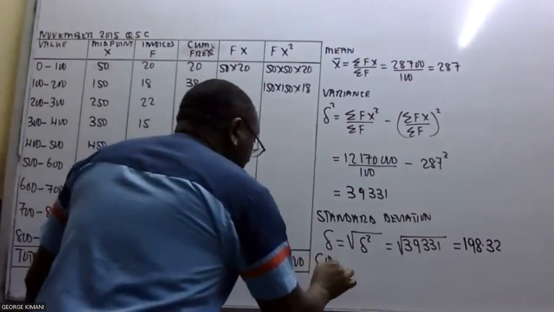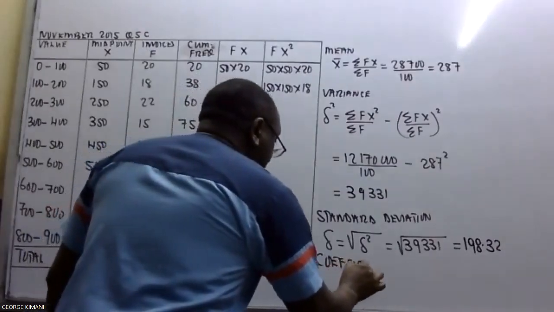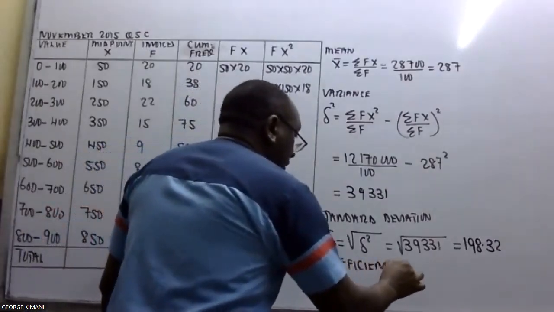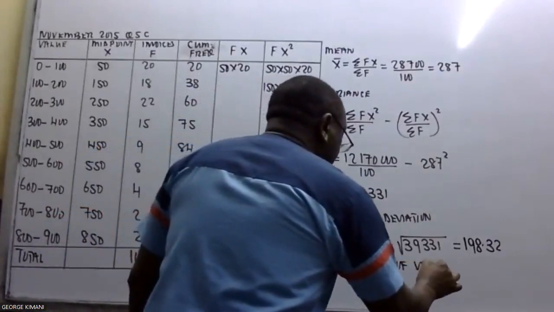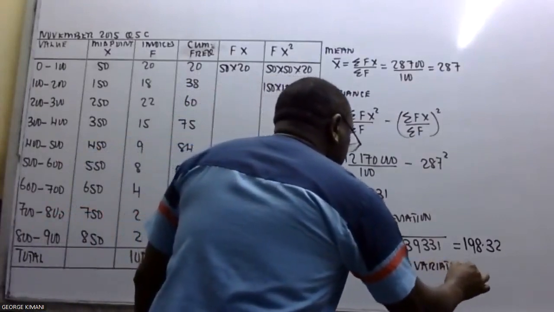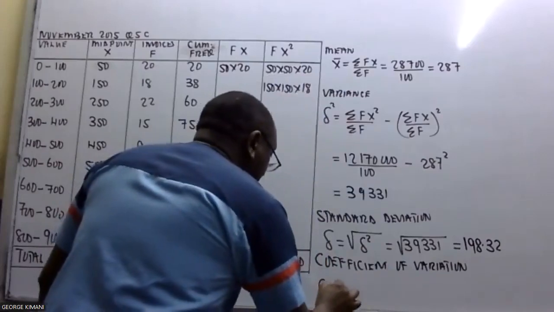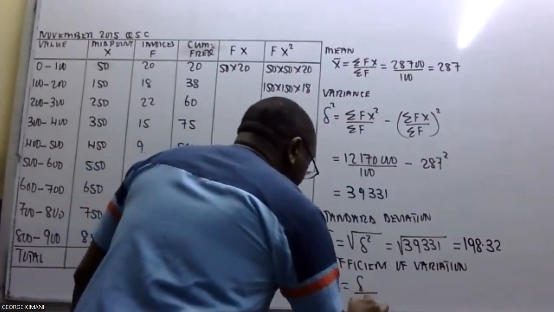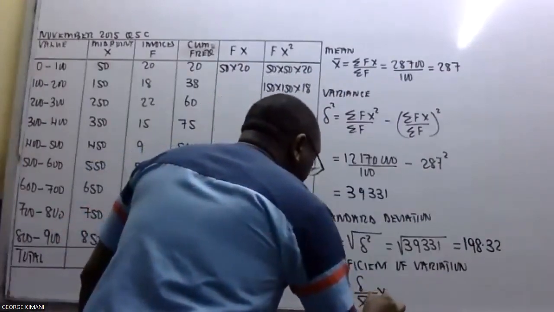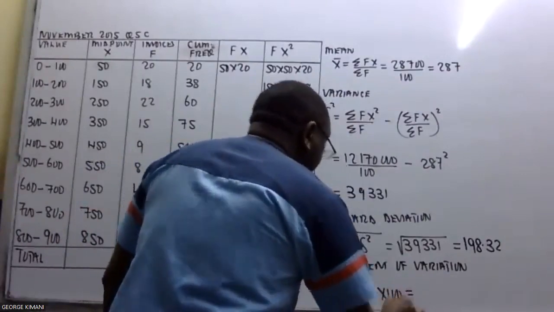The next item is called coefficient of variation. Now CV is given as standard deviation divided by the mean, times 100.